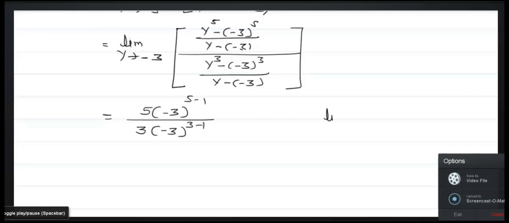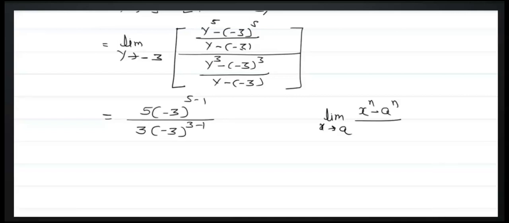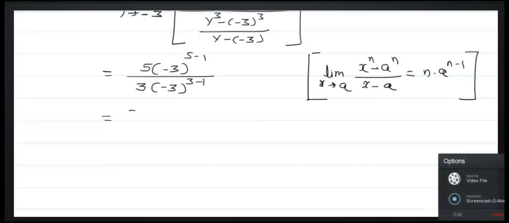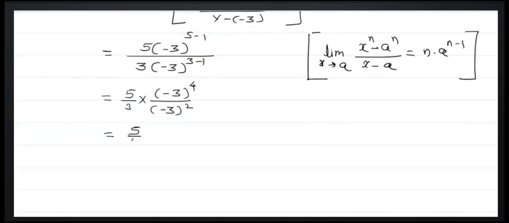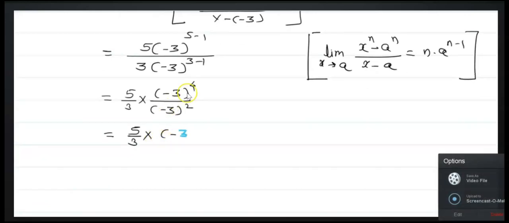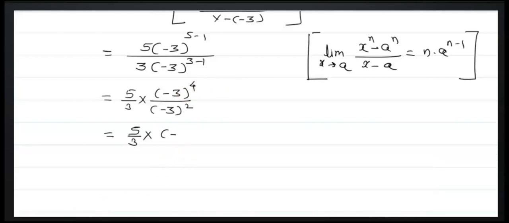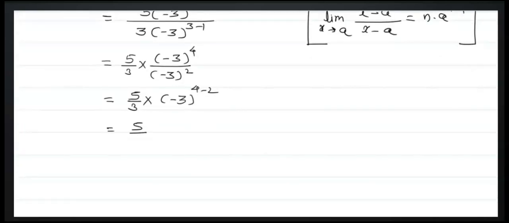Now see this here, we are applying the formula and writing that formula here. Now we will evaluate this, that is, 5 minus 1, so (minus 3) raised to 4, over 3 into (minus 3) raised to 2. Therefore, you will get (minus 3) raised to 4, that is 81, and in the denominator you will get 9.